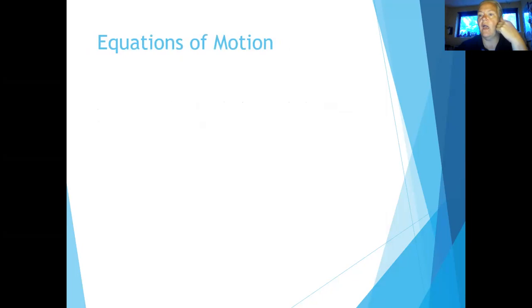Now, I can use the motion of this block and spring to develop something called the equations of motion. And I'm going to make a little separate video about something called the reference circle, because I've got to do some drawing, about the reference circle and how it relates to the equation of motion.